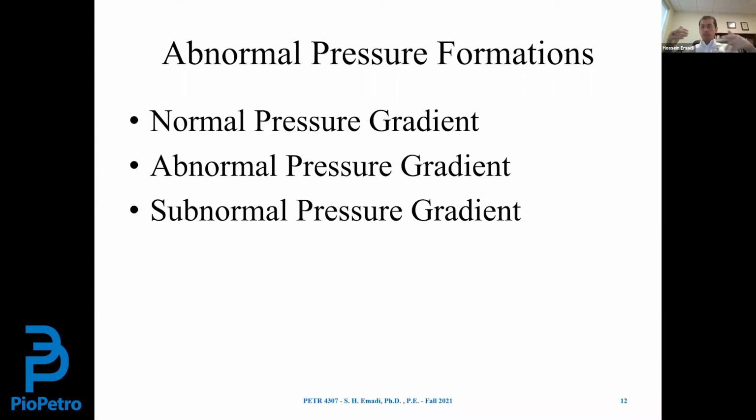Then this impermeable formation prevents the lower formations from getting hydraulically connected with the surface aquifer. So those formations will be disconnected, meaning that you will have a pressure trap inside the permeable formation below. And this causes either an abnormal or subnormal pressure gradient, depending on the pressure gradient we're reading in those formations.